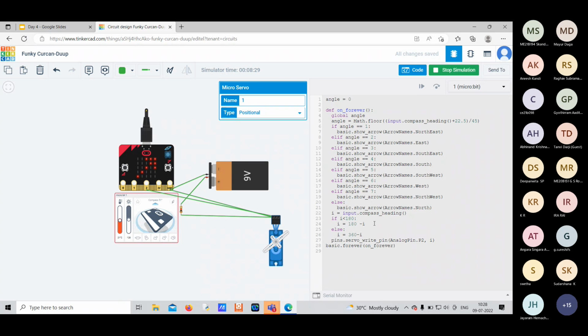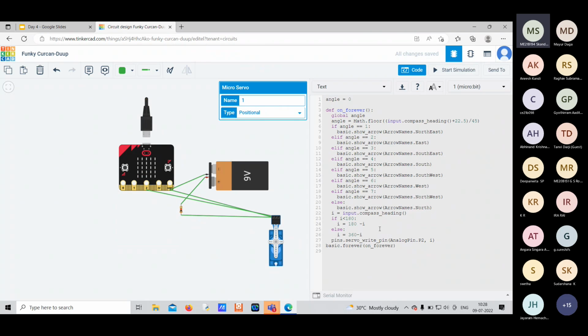So until here, I'll mention it here, oh, I have to stop the simulation. Until here, it is one head of the pin that is pointing in the right direction.